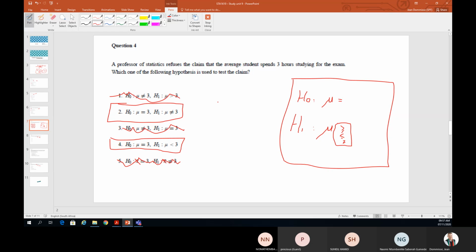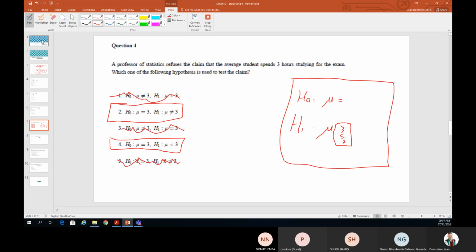Again, by using what the theory is, I automatically know option 1 and option 3 can't be. Okay, so a professor of statistics refuses the claim that the average student spends 3 hours studying.